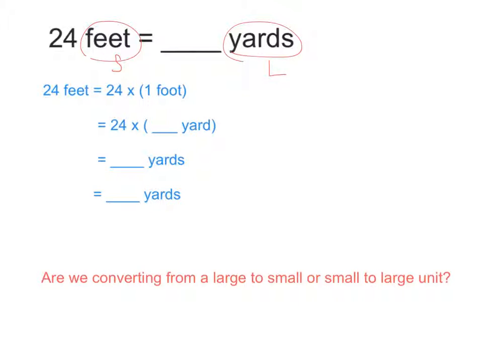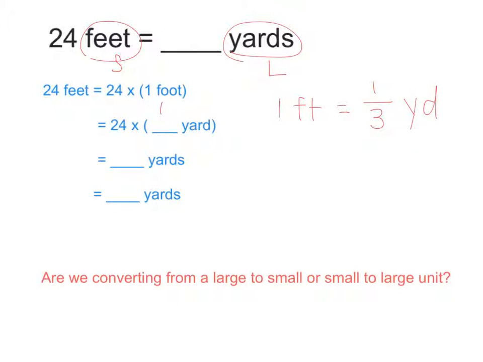24 feet is the same thing as 24 copies of 1 foot. Now, we know that's 24 copies of how many yards? 1 foot is how many yards? It's 1 out of how many total feet can be in 1 yard? Aditya? Yeah, because there are 3 feet in 1 yard, so we know that 1 foot is 1/3 of a yard.